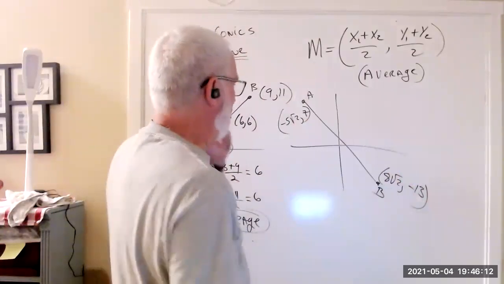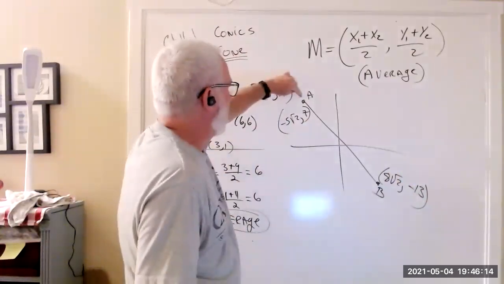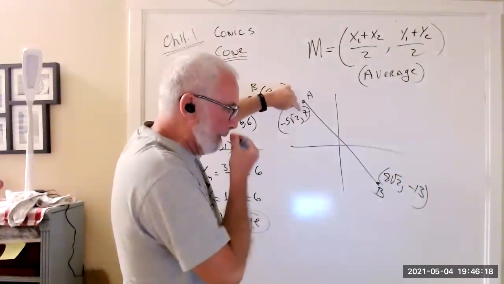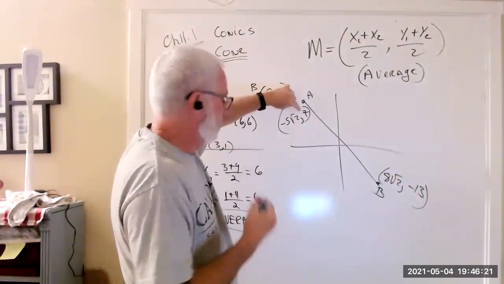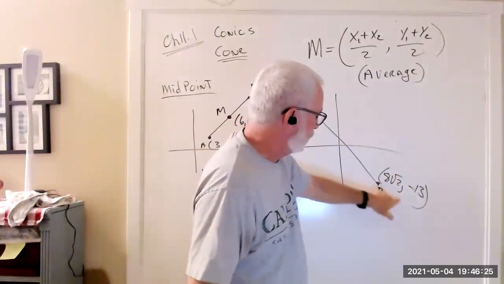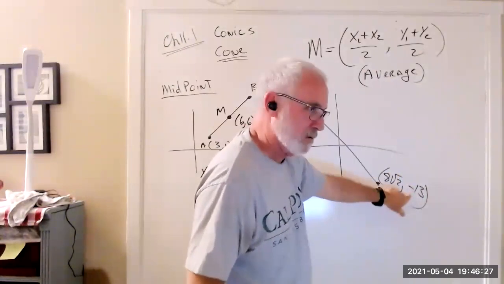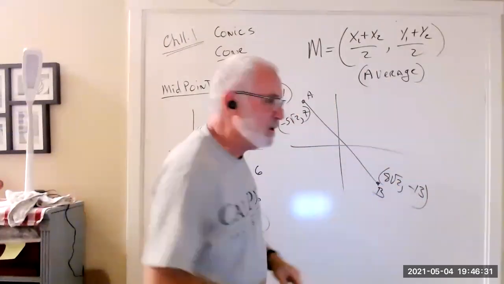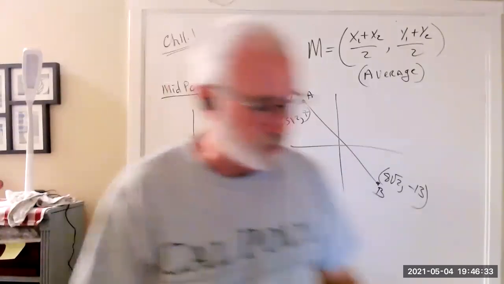Here's a segment. A has the coordinate (-5 radical 2, 7). B has the coordinate (8 radical 2, -13). Find the midpoint wherever it is.